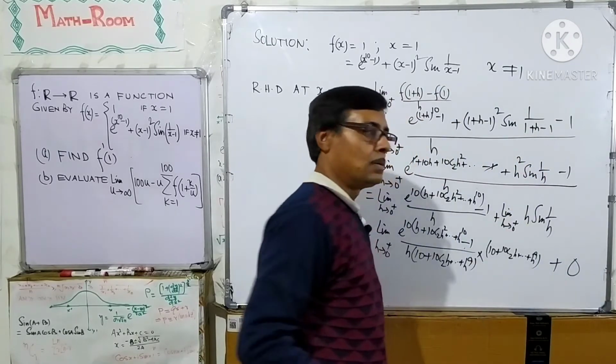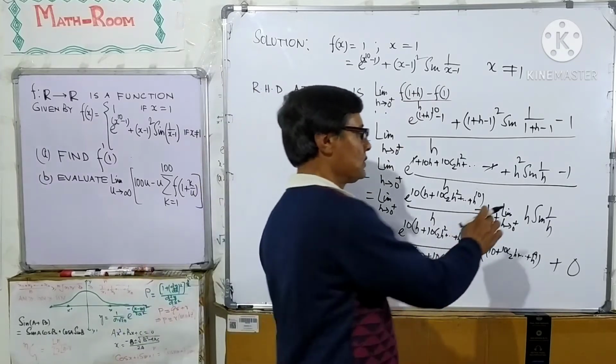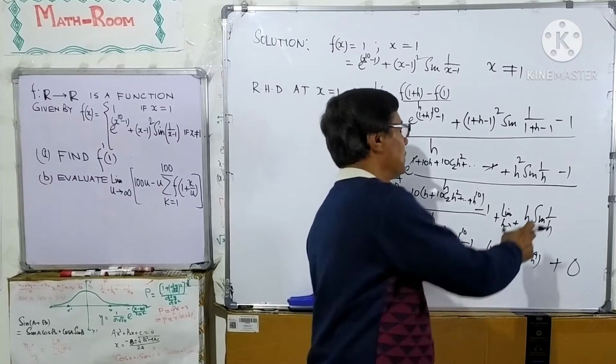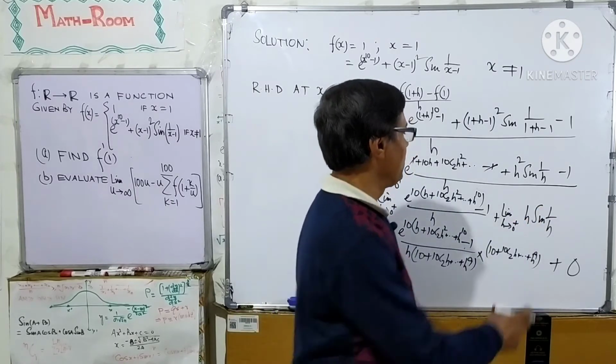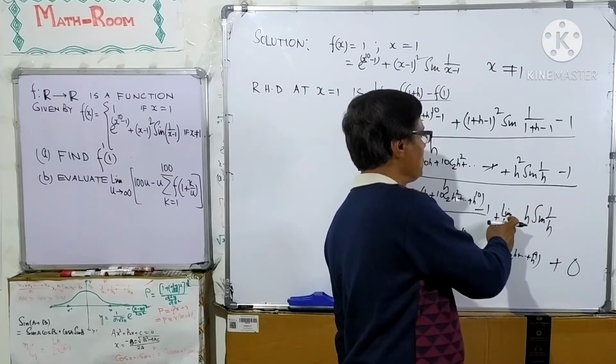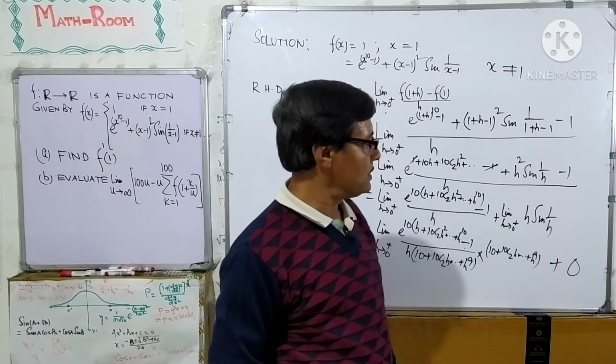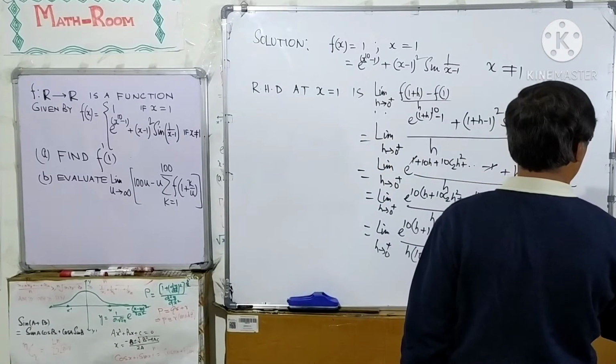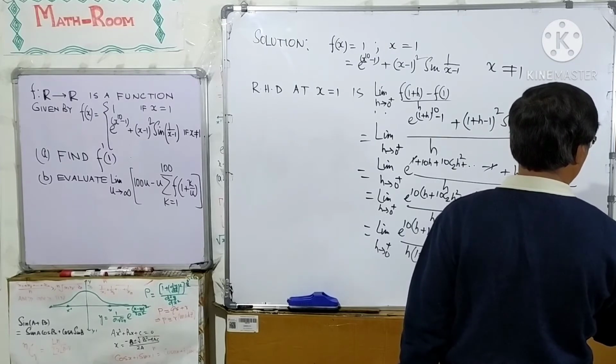We already know the limit x tends to 0, x sin 1 over x is 0. This is well known to us. This limit is 0: limit h tends to 0 plus h sin 1 over h is 0.